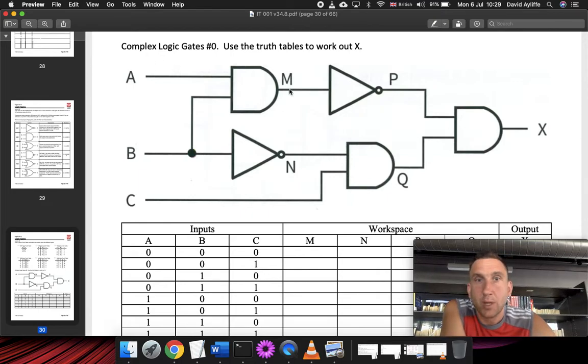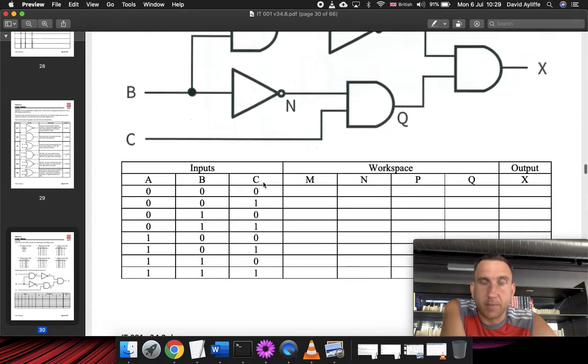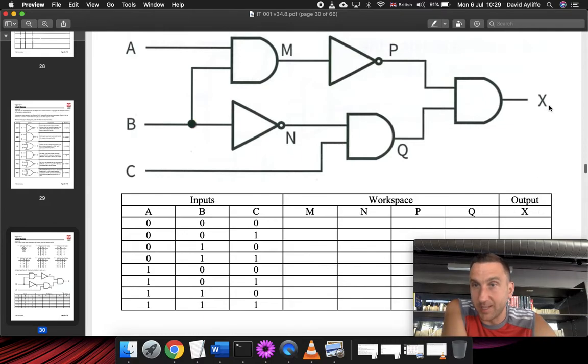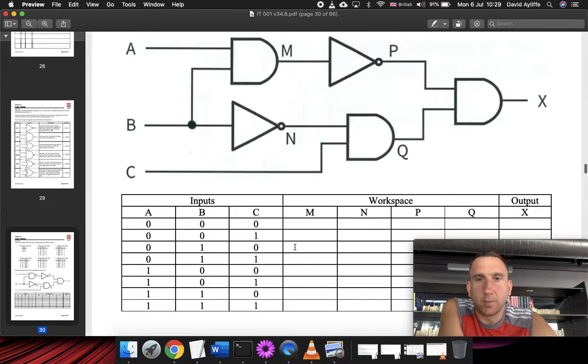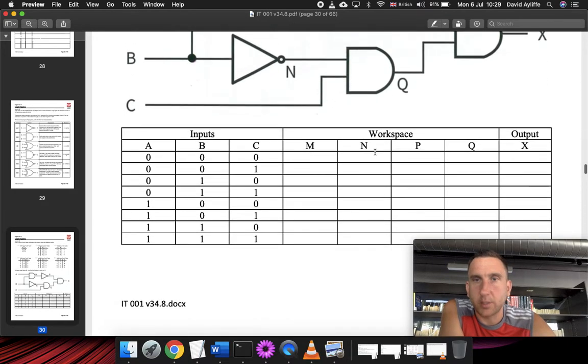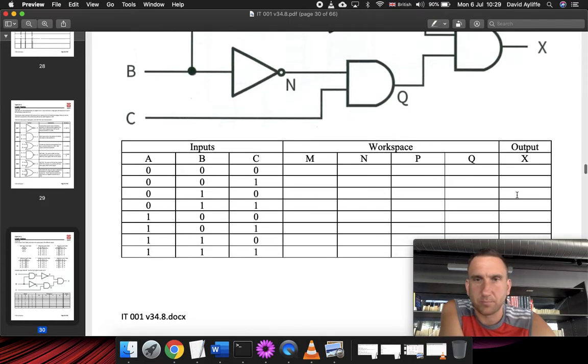So these are our inputs, A, B, and C. Our output is X. And this is called our workspace. So M, N, P, and Q. I don't know what happened to O. But this space here helps us get to the output that we ultimately want.